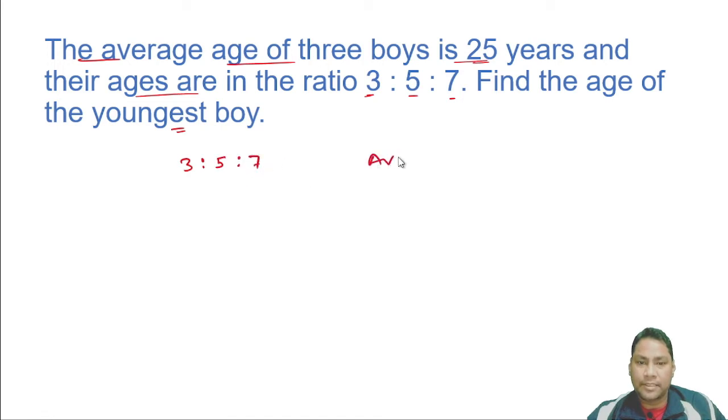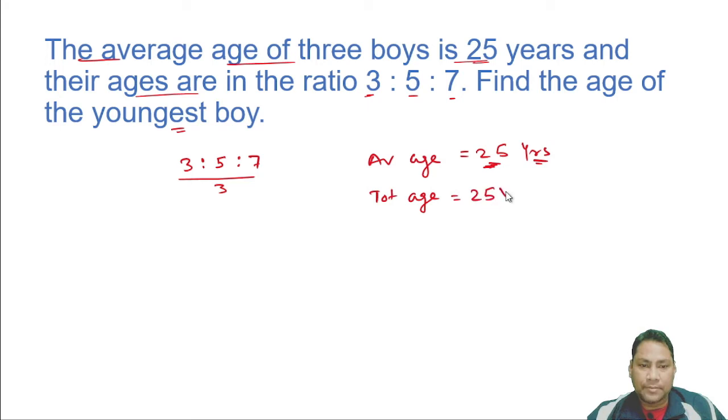The average age is 25 years. Here the number of boys is 3. The average age is 25 years. Total age of the 3 boys will become 25 multiplied by 3, that is 75 years.